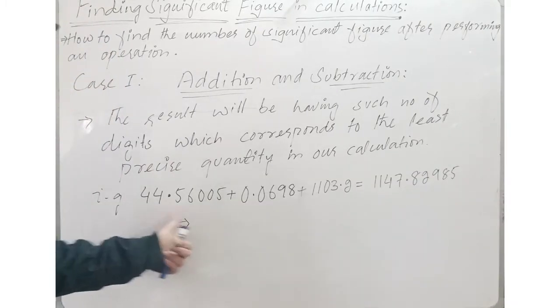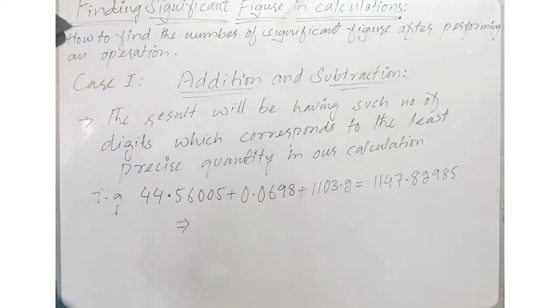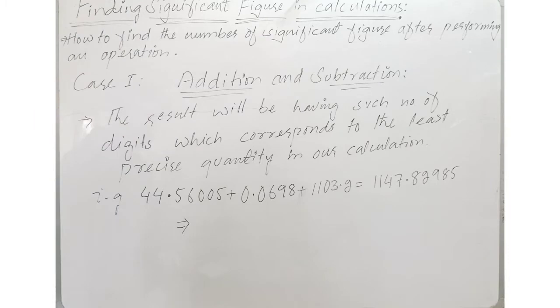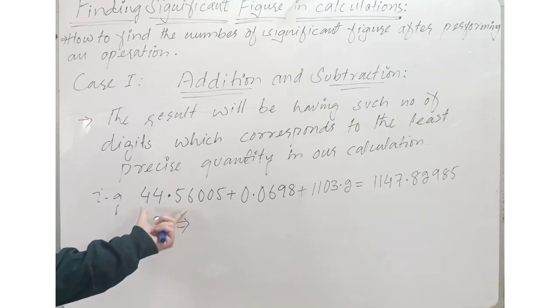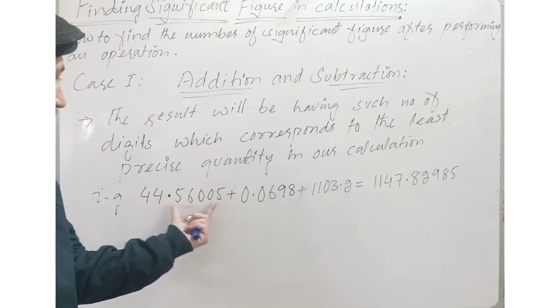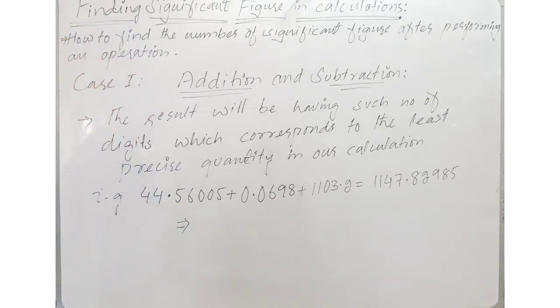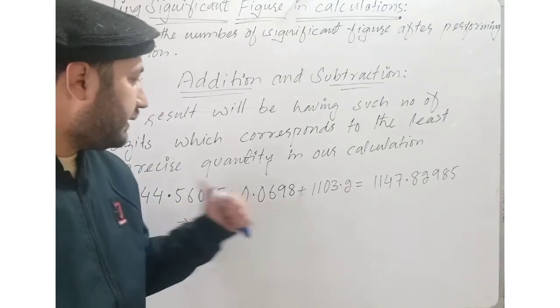We are having three values, right? They can be the magnitudes of three physical quantities, and you can see that depending upon the number of significant figures, we are having different precisions. In case of every value, we are having different precision.